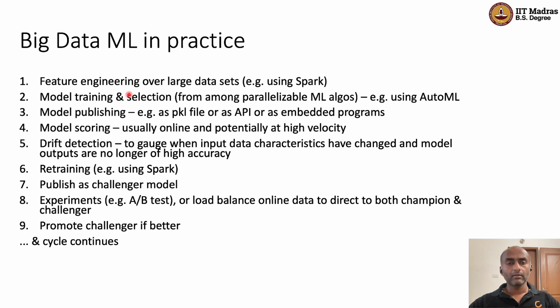Okay, then comes the model training and selection, and here you want to choose between algorithms which are parallelizable, right? So we spoke about that concept as well. So anything which has that statistical query model is suitable for this parallel execution using divide and conquer. So pick from one of those algorithms.